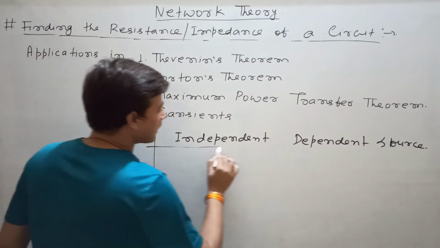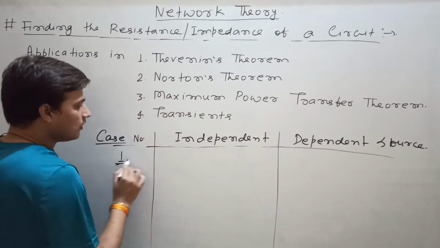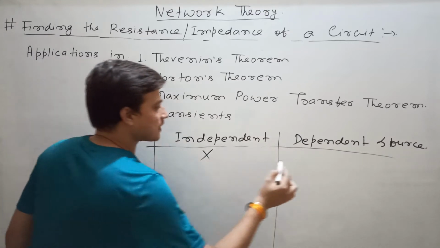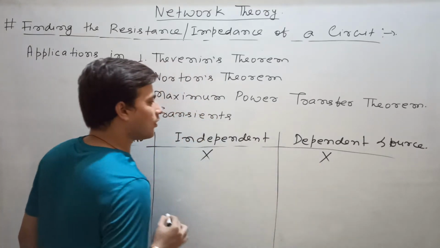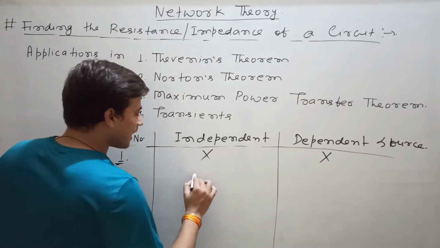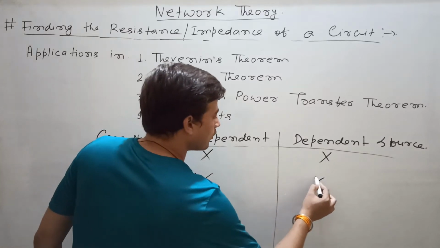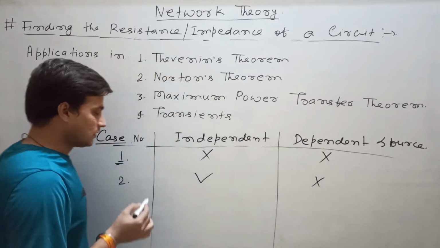In the first case, case 1, the circuit will not have any source, that means neither dependent source nor independent source. In the second case, the circuit will have only an independent source present in the system. There will not be any dependent source.